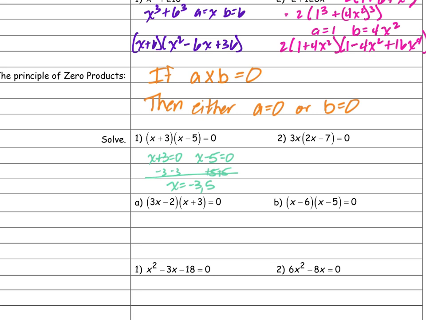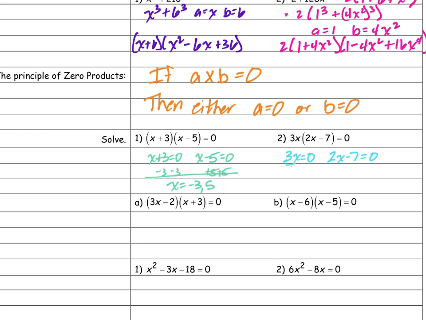Sorry, I'm looking at the chat box at some of the answers. So for the second one, I still have two things multiplied together that equal 0. So that means either 3x equals 0 or 2x minus 7 equals 0. And now I'm just going to solve.